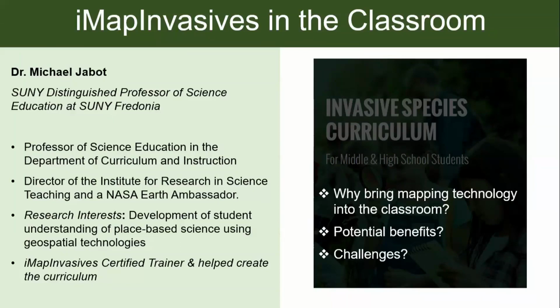If you have an iMapInvasives account already, you understand that you can really use any smart technology to do this, from a smartphone that you take out into the field. We use low-end Android tablets for our work with the schools around us in far western New York, and they work out great.